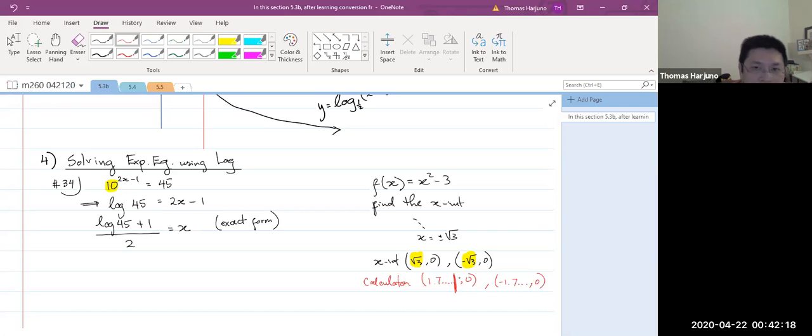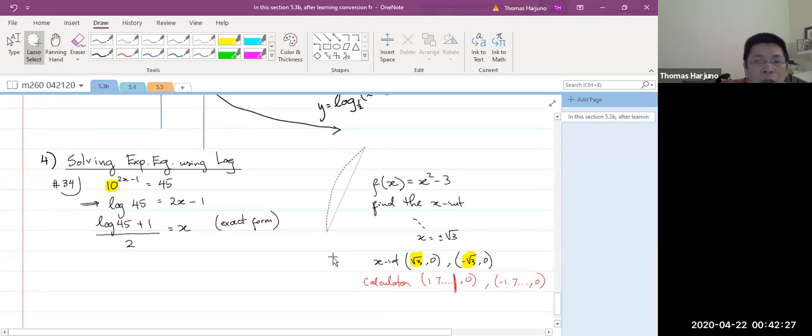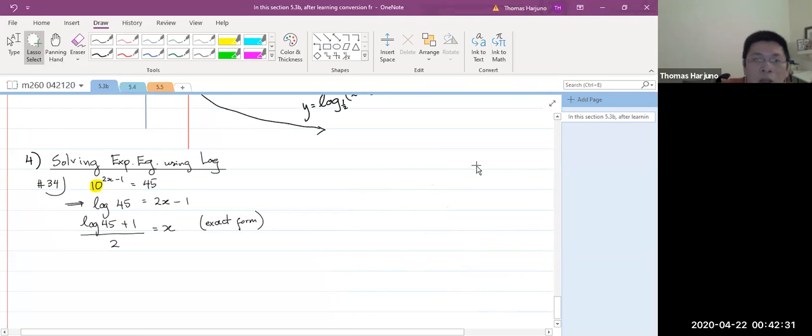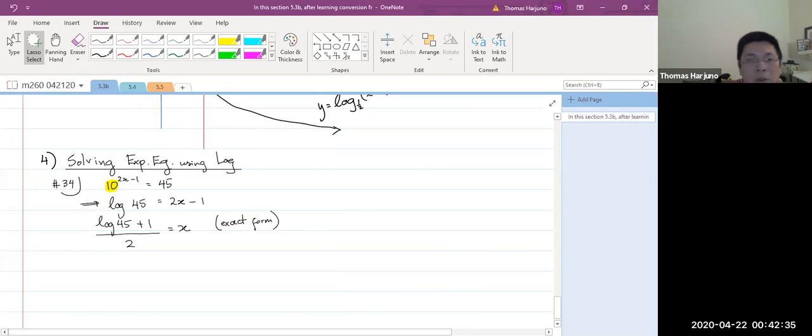That's the difference between an approximate solution and exact form, in which we just leave it in log or in radical or in pi, for example, or in e. That's exact form.